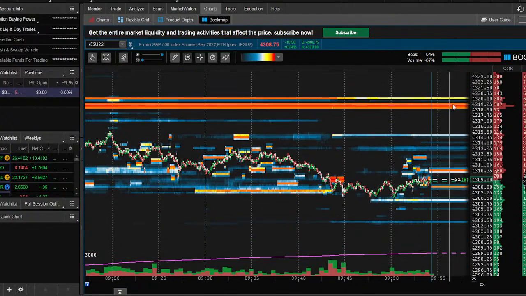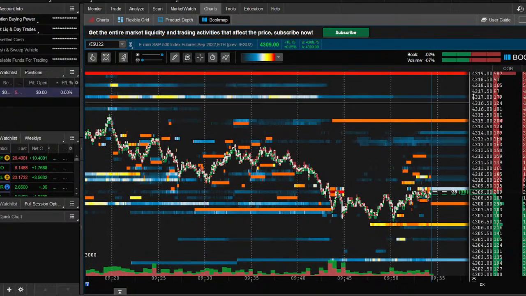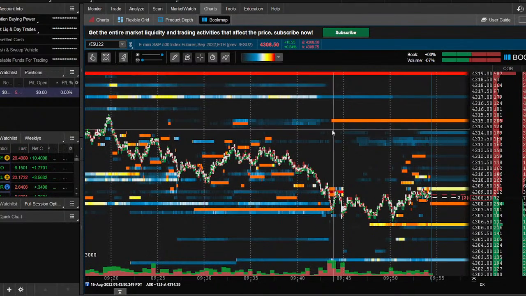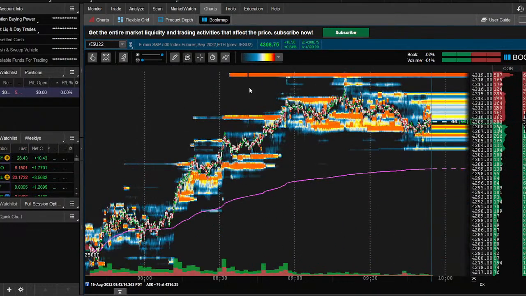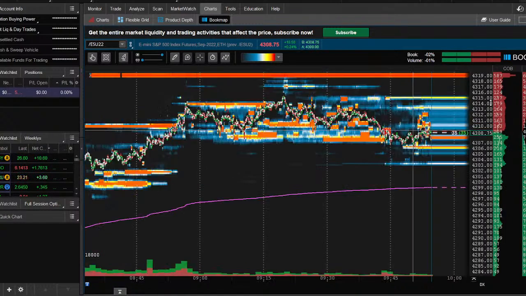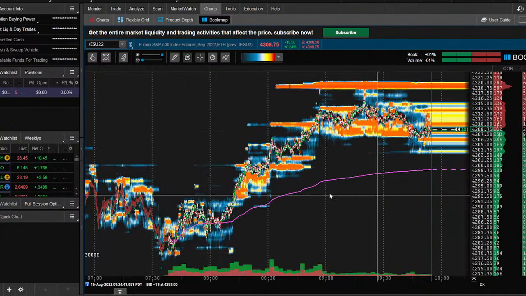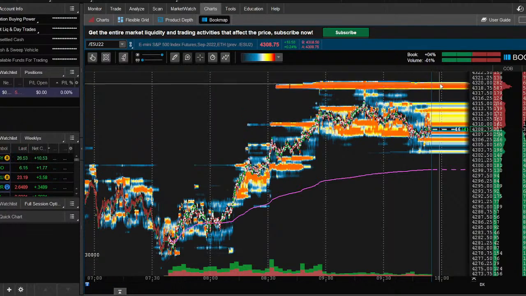So look, there's a large liquidity right here at 43.19, and he's been sitting there for quite a while now, since the past 3 days, I believe, and still hasn't gotten filled. This whole range right here.